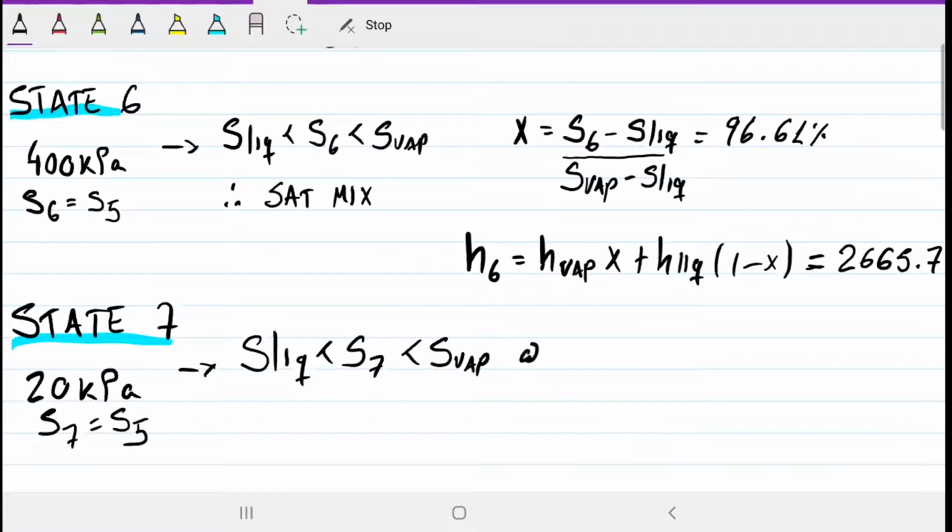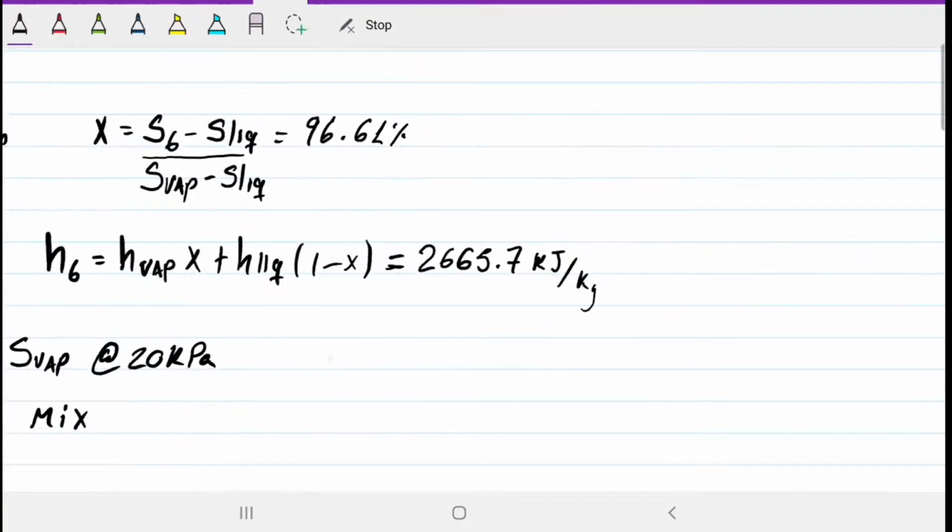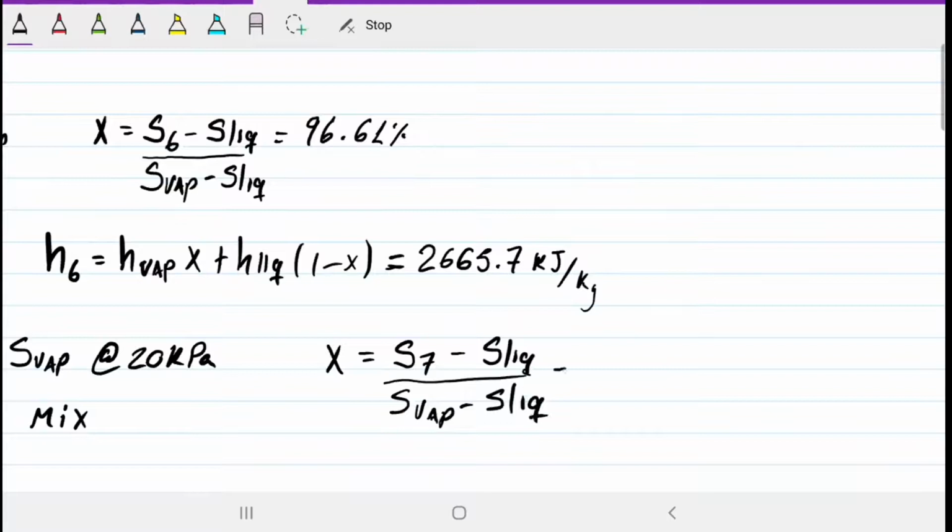And this happens at 20 kilopascals as well. So therefore, this is also a saturated mixture, and we're going to do exactly the same thing. We find our quality by relating S7 minus S liquid over S vapor minus S liquid, and this is 83.25%.